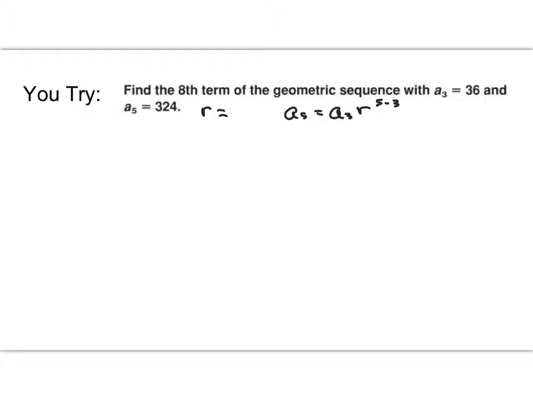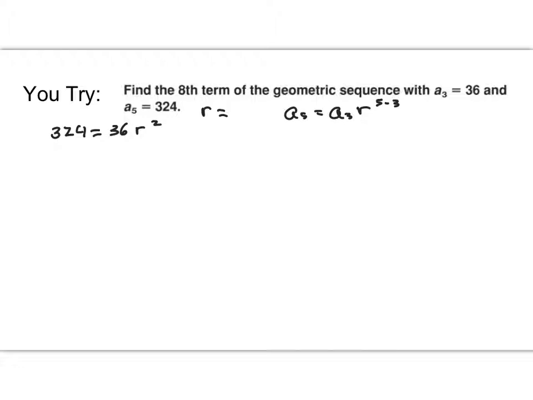Okay, so 324 is equal to 36 times r squared. If I divide both sides by 36, I end up with 9.